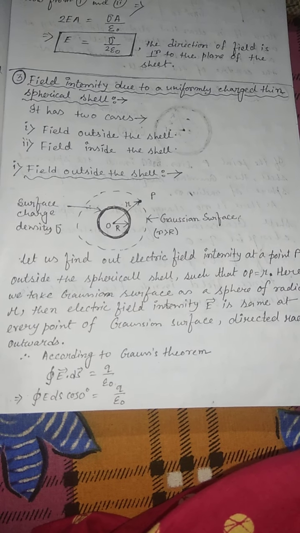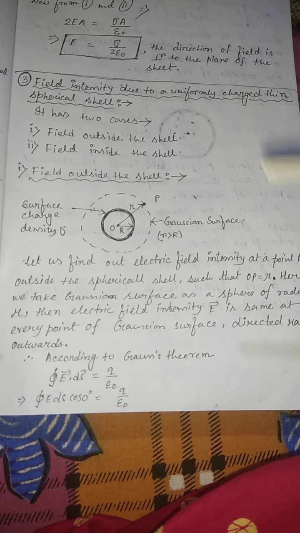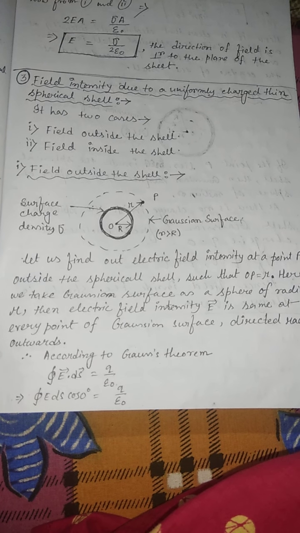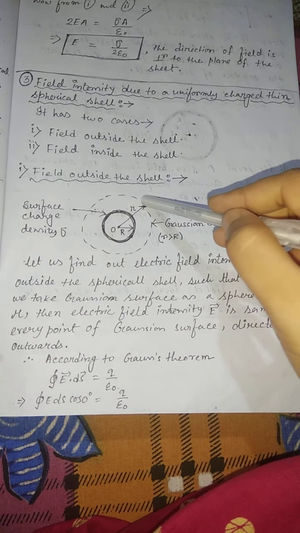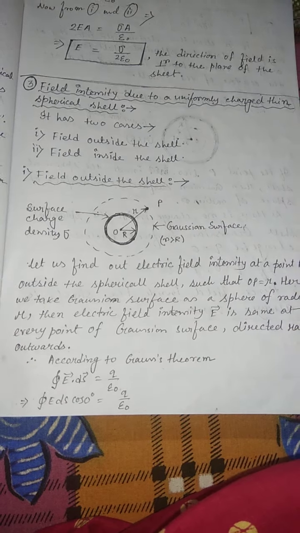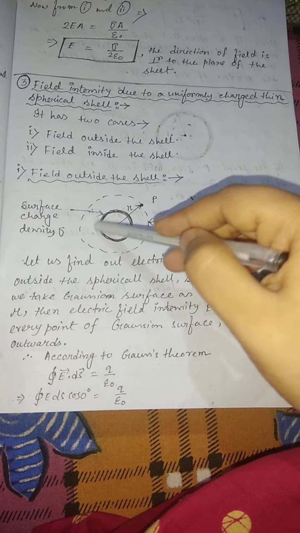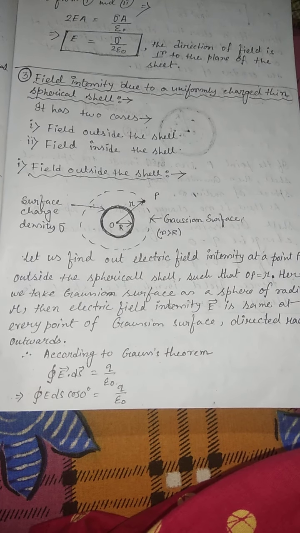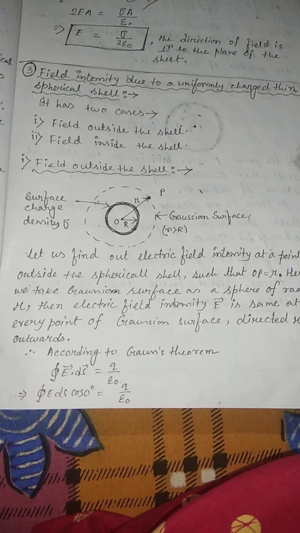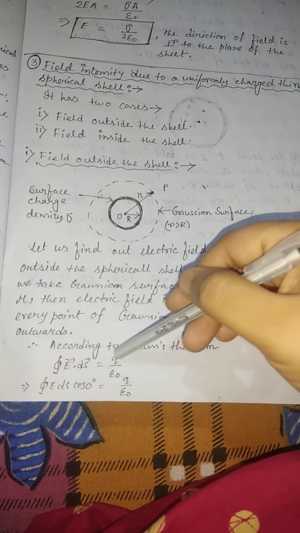So as per Gauss law, first of all, we draw a closed Gaussian surface including that point P. So this dotted one is the Gaussian surface, and point P lies on it. And we consider the surface charge density of the spherical shell to be sigma. So according to Gauss theorem, we know that phi equals closed integral of E dot dS, which equals q by epsilon naught.